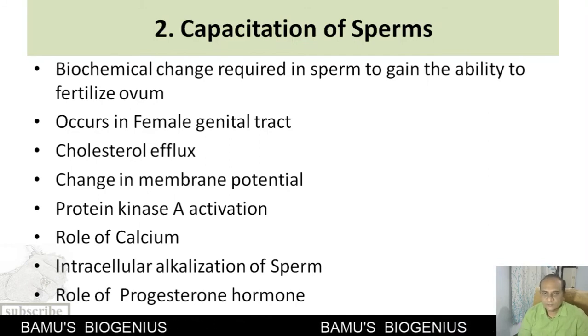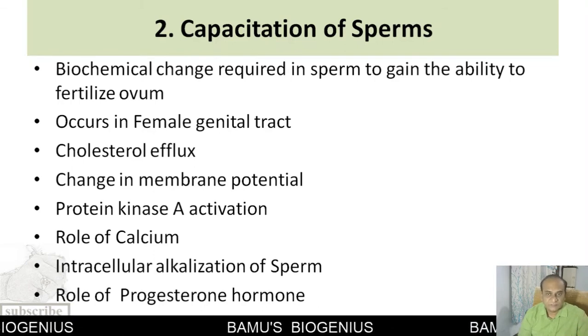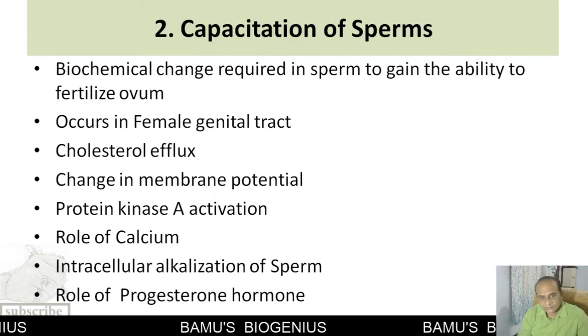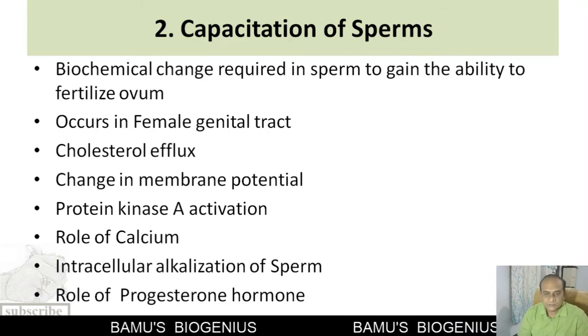So when the sperms are placed in a female genital tract, the cholesterol is removed from the membrane of the sperm. Now, if we see the content of the plasma membrane of the sperm, the cholesterol is about 25% in the plasma membrane.